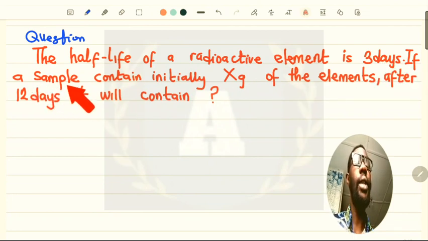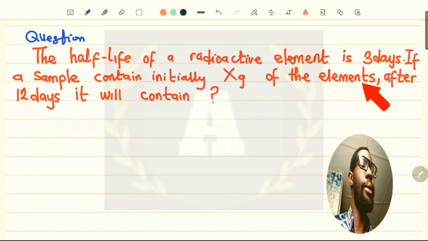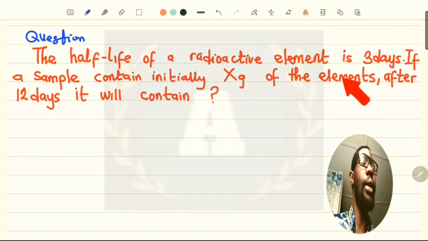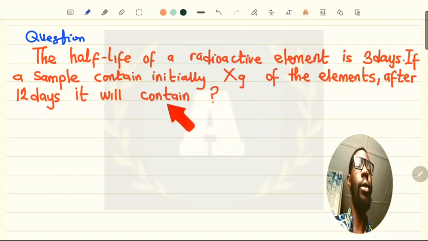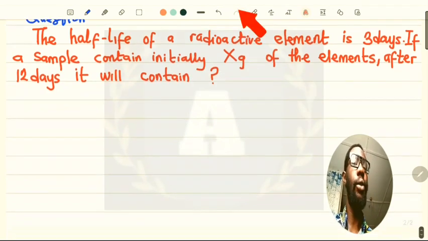If a sample contains initially x gram of the element, what will it contain after 12 days?